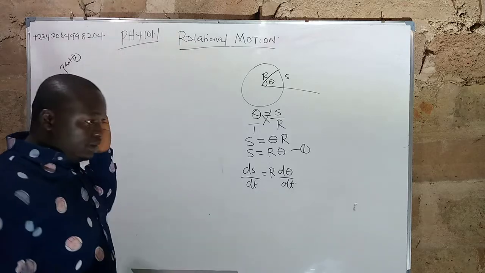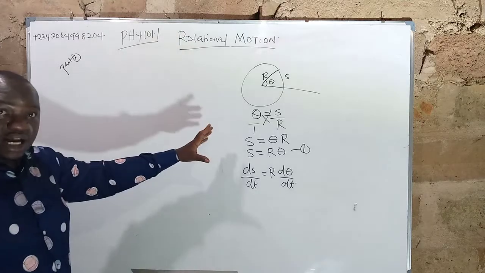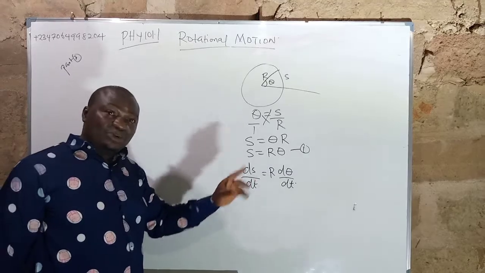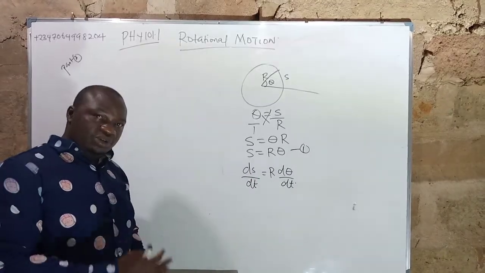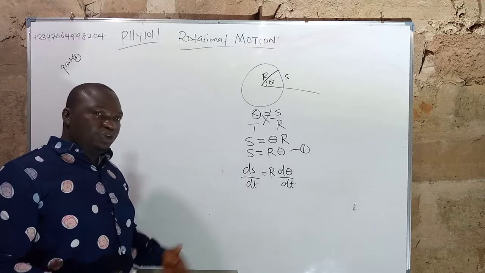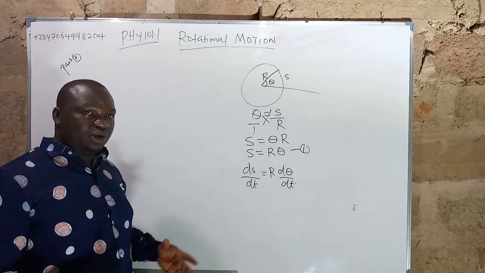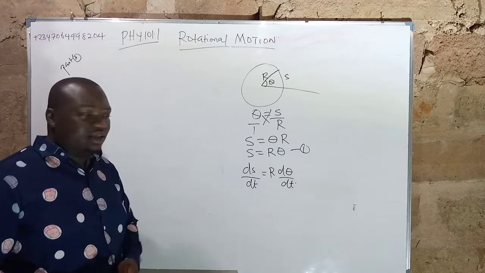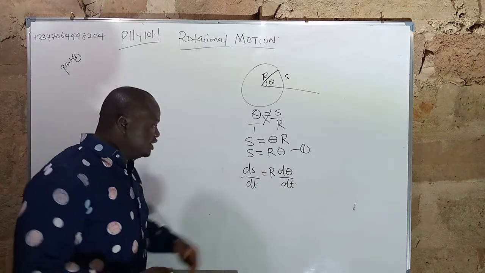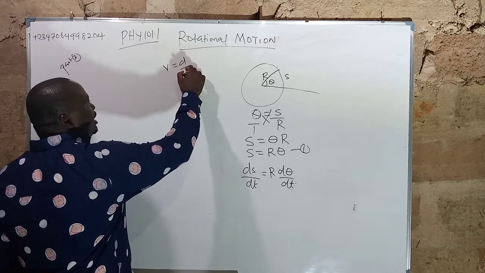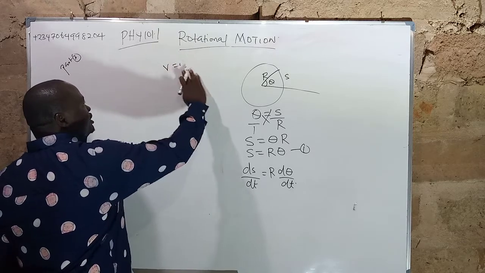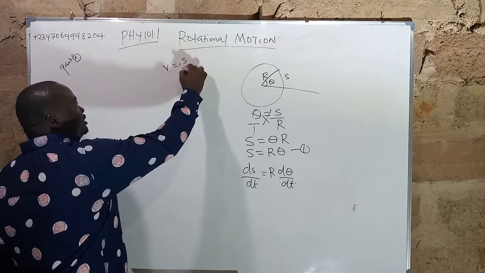Now remember at part 1, I've already done the whole intro. That's why I said if you miss part 1, the further I go under this topic, you may find it confusing if you are not very good in this topic. So after differentiating, remember that velocity is distance all over time, S all over t.